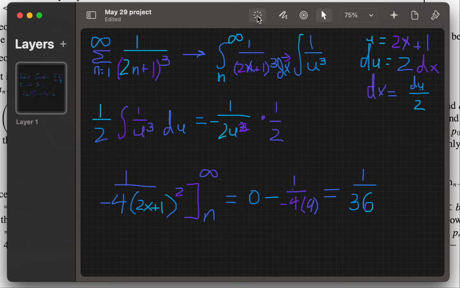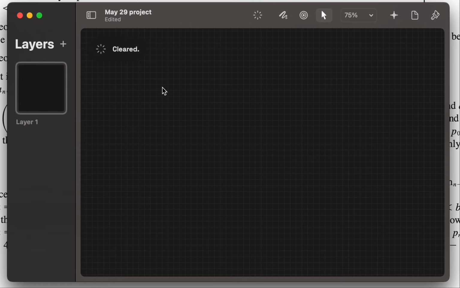All right, let's take a look at another problem. This one is about estimating sums. So let's say you had a series like the sum from n equal to 1 to infinity of 1 over n squared, right?